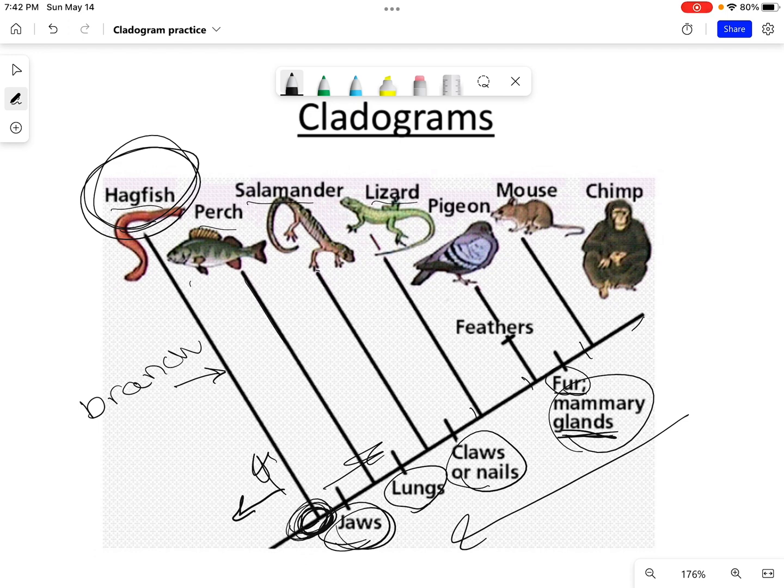And so this hagfish did not develop jaws because there's no trait here that says jaws. If there was, then he would have developed it independently. But since that's not the case, we can draw the conclusion from this cladogram that our hagfish does not share any of these traits that the other species represented on it do. Okay, so I'm going to go ahead and erase that again.